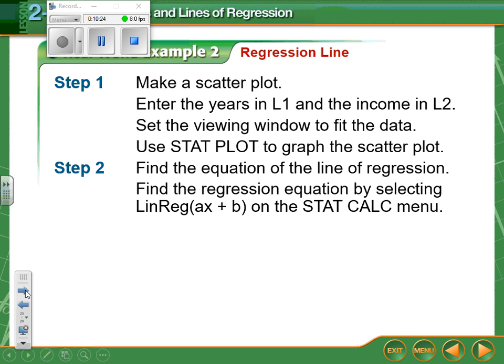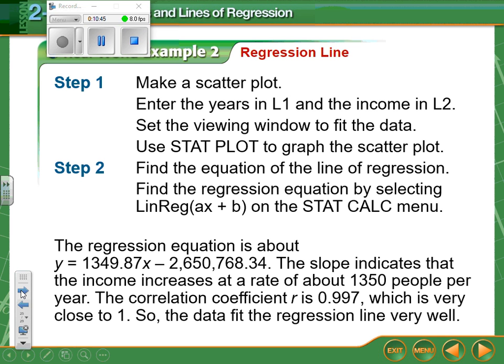But we can use the list 1 and list 2, and we can use linear regression, which you get to using stat and calc on your calculator, and it'll give you an equation for a line of best fit through that set of points.